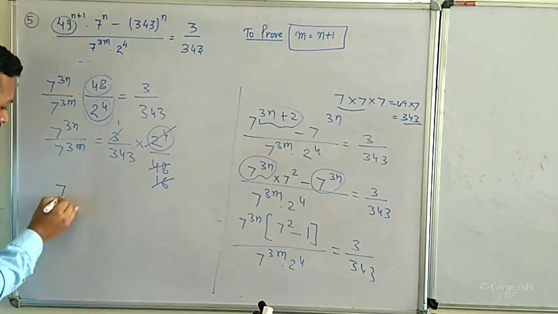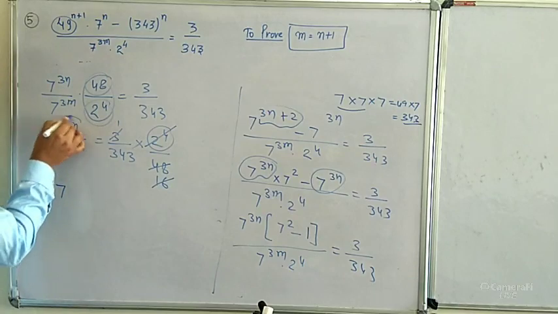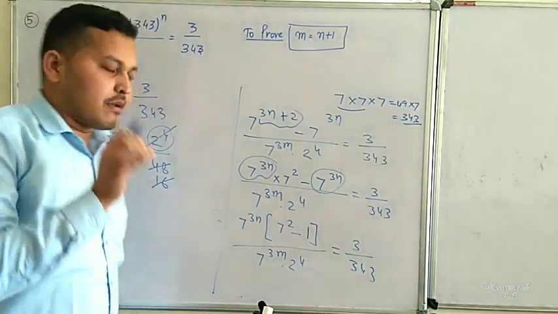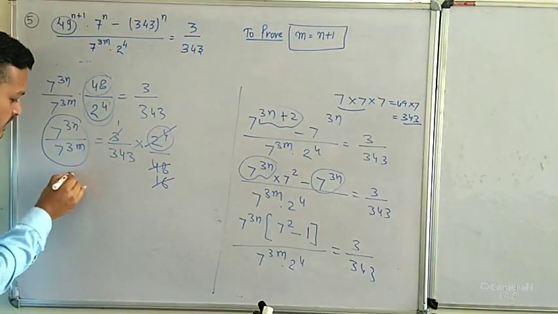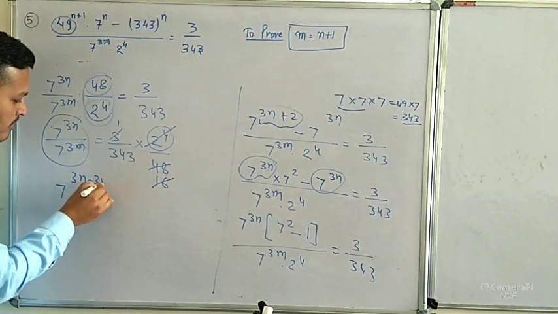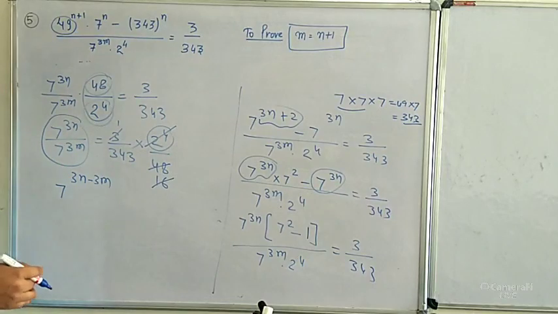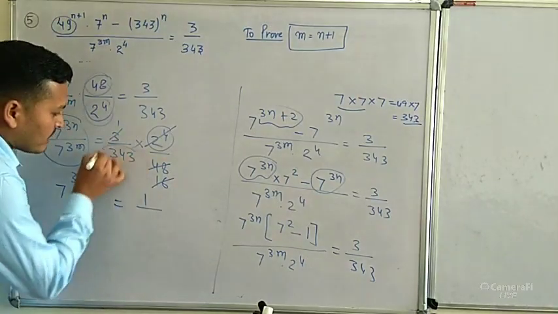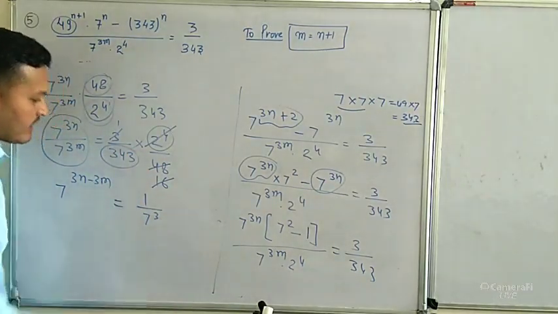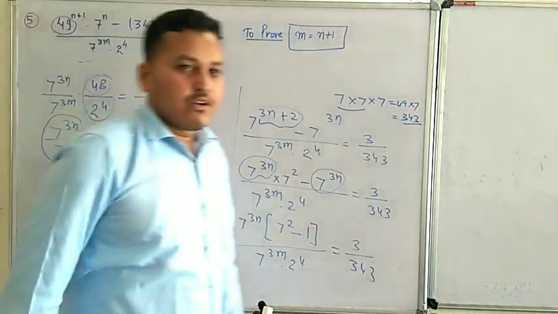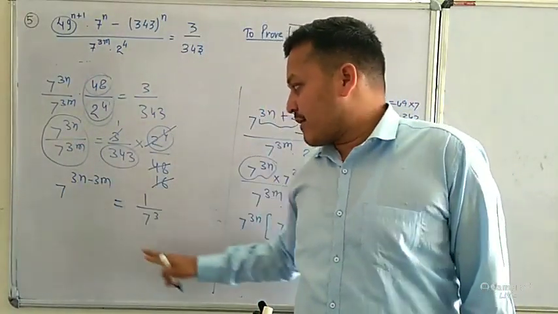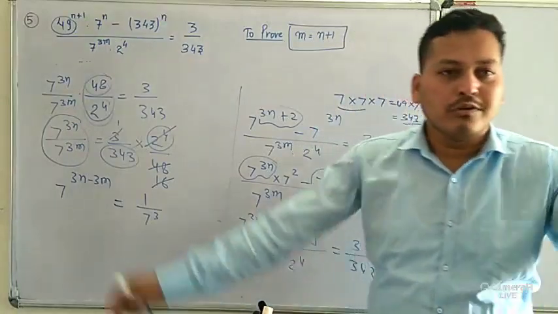So then this is 7 to the power. Can you convert the numerator and denominator in the form of a single number? Yes, we can write it as 3n minus 3m. Here we are applying the formula of a to the power m upon a to the power n is equal to 1 upon 343. So this 343 we can write 7 to the power 3. Okay, so at the last, left hand side base is 7 and right hand side the base is also 7.